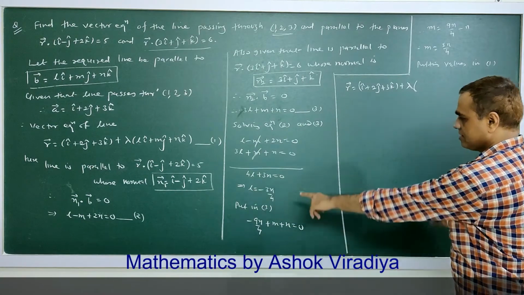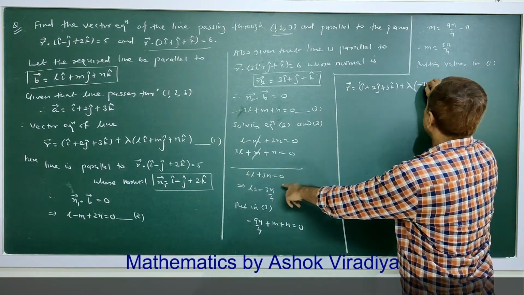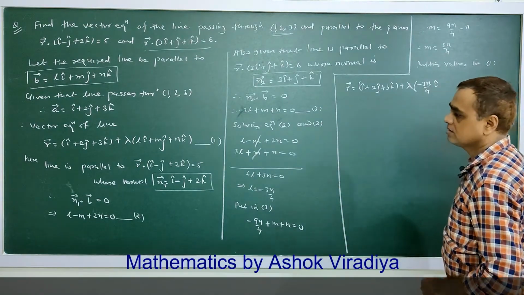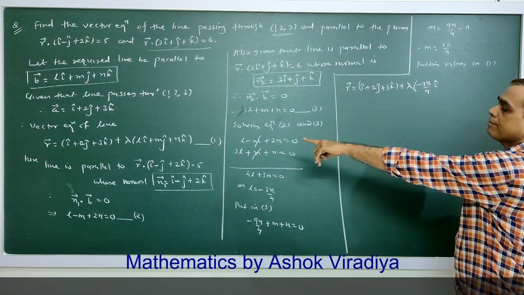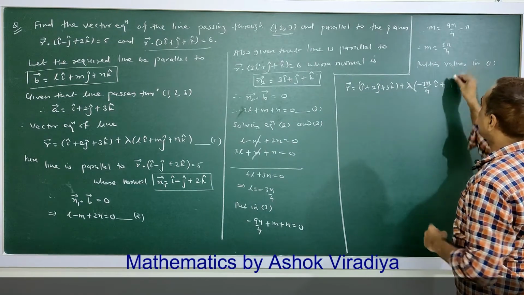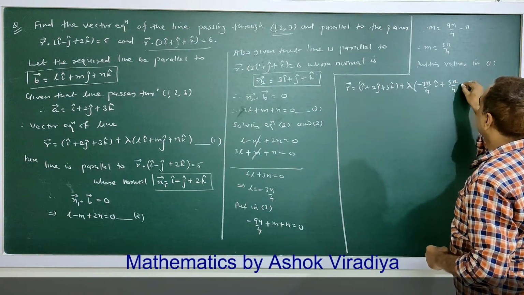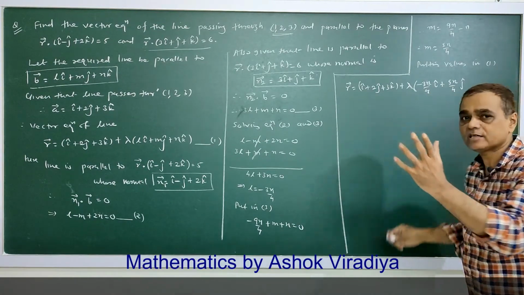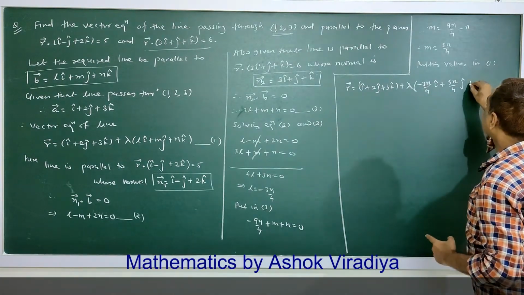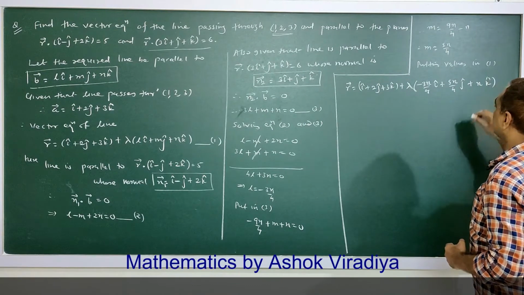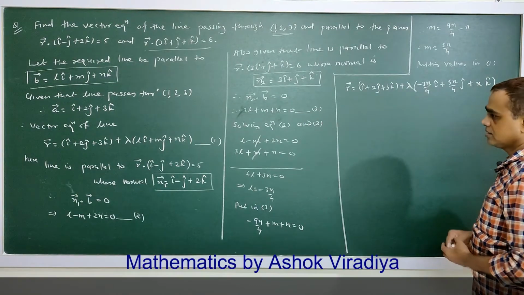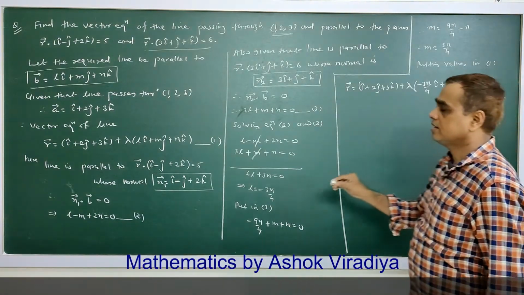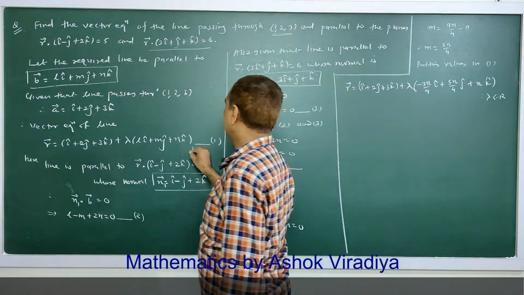What is L? L is minus 3n by 4 times i. Then m plus mj. What is m? 5n by 4 times j. This is m. L and m in terms of n, and keep n as it is, n times k, where lambda belongs to R. Here lambda is any real.